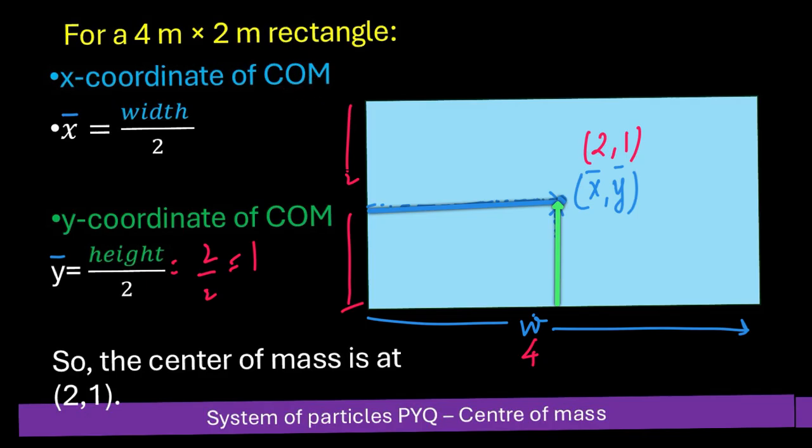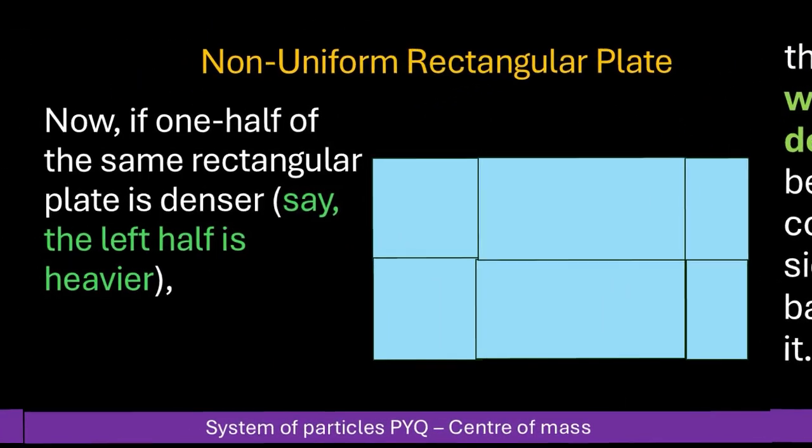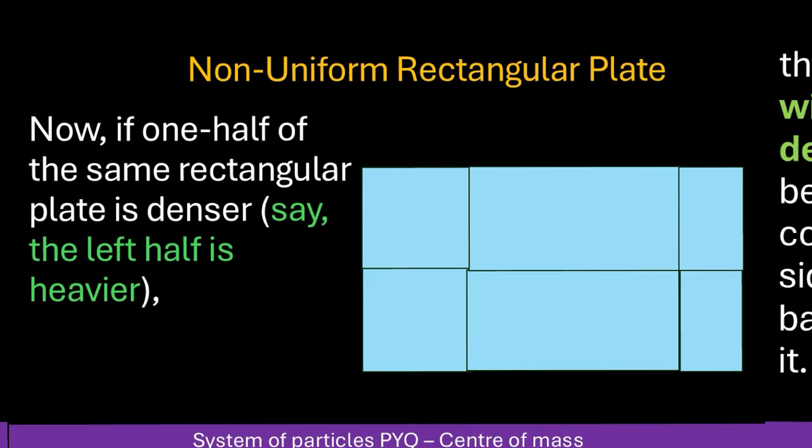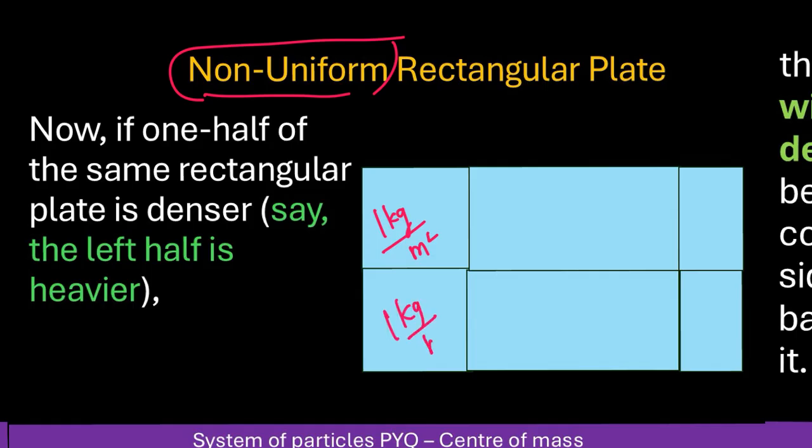Okay. Now, what would be the case if we were to discuss a non-uniform rectangle? Then we know that the 1 kilogram per meter square density distribution would not be the same, which means some of the area may have 1 kilogram per meter square and some of the other portions may have 3 kilogram per meter square, or some may have 1 kilogram per meter square and others 0.5 or even less.